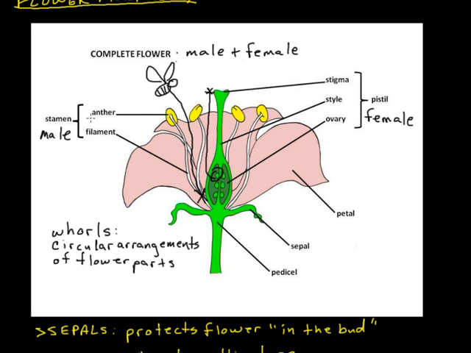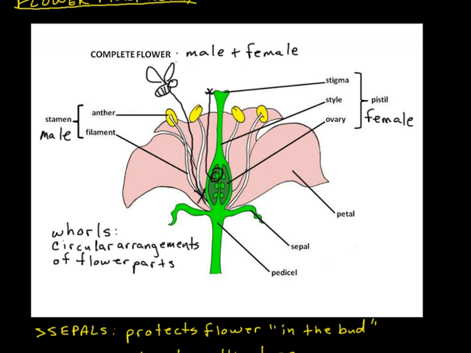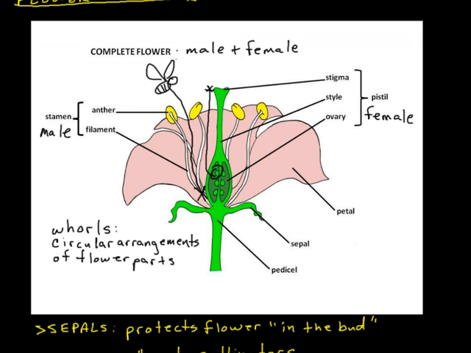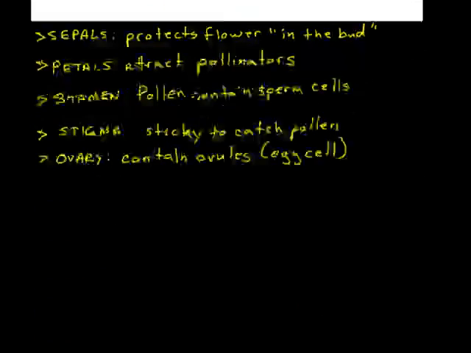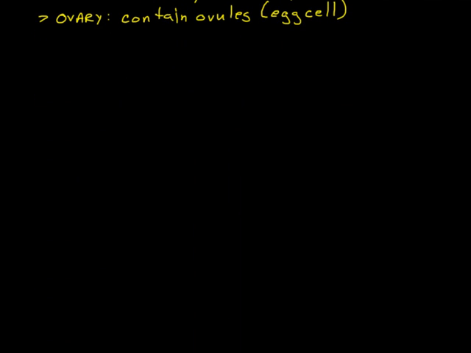So this is our complete flower, and these are all the various parts of it which you're responsible for. All right, not all plants have these complete flowers. In fact, a great many plants do not have complete flowers, and they're called incomplete flowers or imperfect flowers, as outlined in your notes. Within these incomplete flowers, we've got several different types.